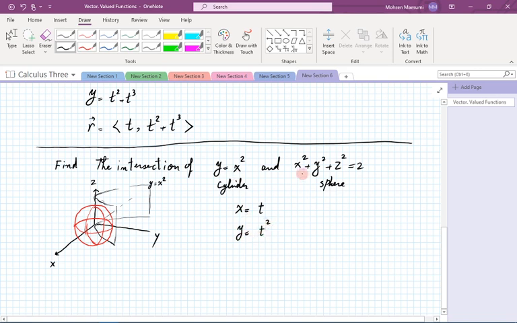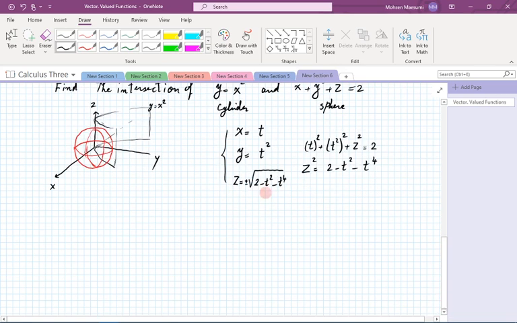If we take these two and plug them here, we see that x squared will be t squared, and then y squared will be t to the 4, and z is now our missing quantity, so I can figure out that z squared is going to be 2 minus t squared minus t to the 4. So z here is going to be either plus or minus the square root of 2 minus t squared minus t to the 4.